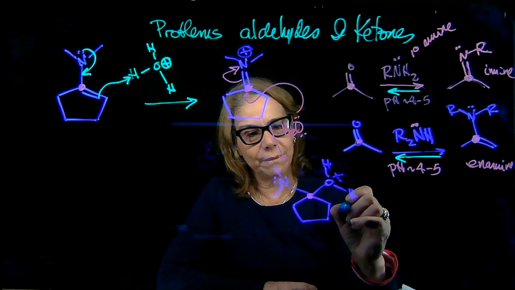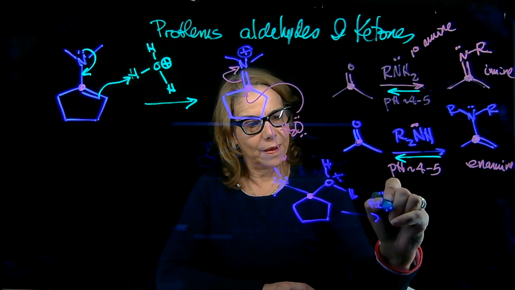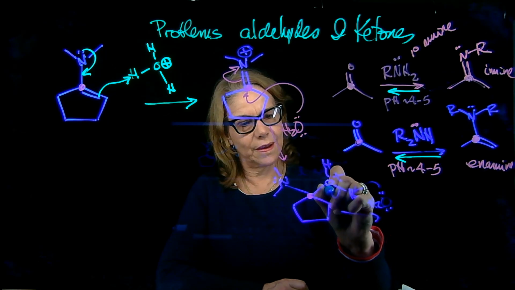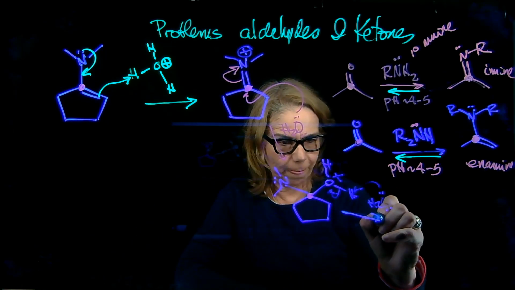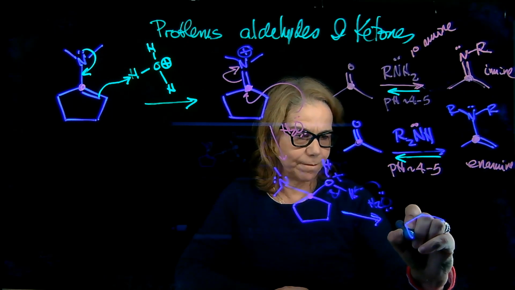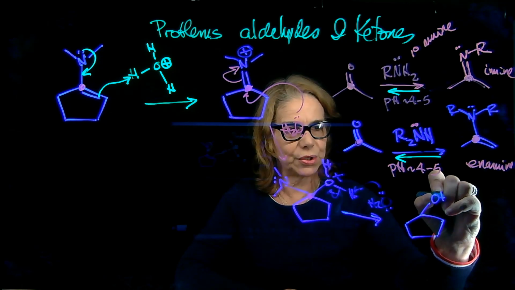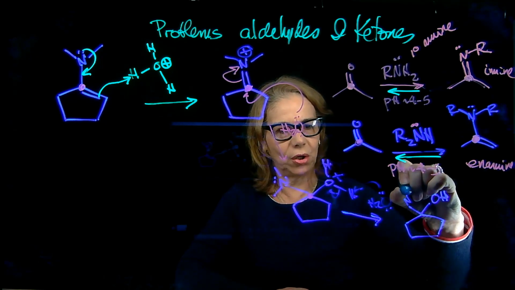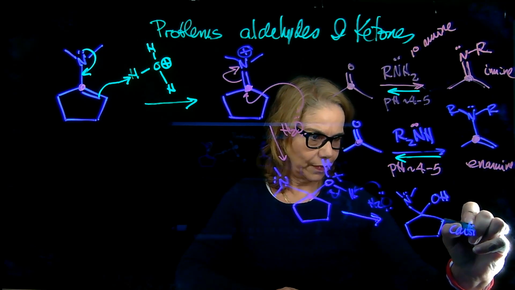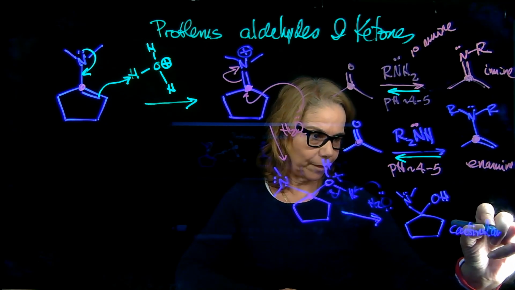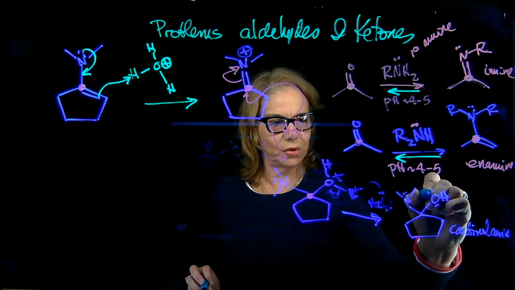And now I'm going to do one proton transfer step, removing this, and my product is going to be an intermediate that we find commonly in here, which is the carbinolamine. Carbinolamine. Okay, and here we are.